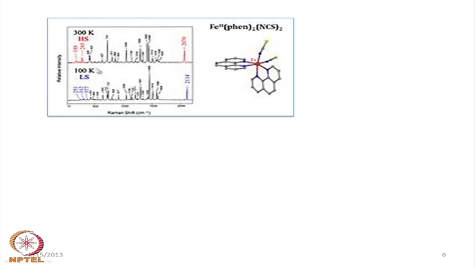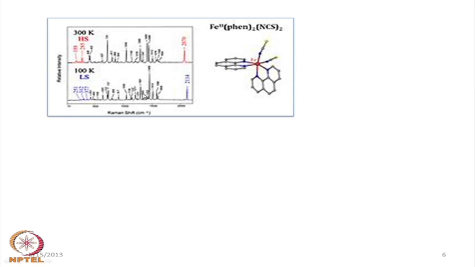So, what are we taking? We are taking the Raman spectrum at 100 K and at 300 K. At 100 K, the signature we get, particularly the value at 2114, is due to the CN stretching frequency of the thiocyanate, which is characteristic of the low spin compound. That value signifies that at 100 Kelvin we have the compound exclusively in the low spin state.